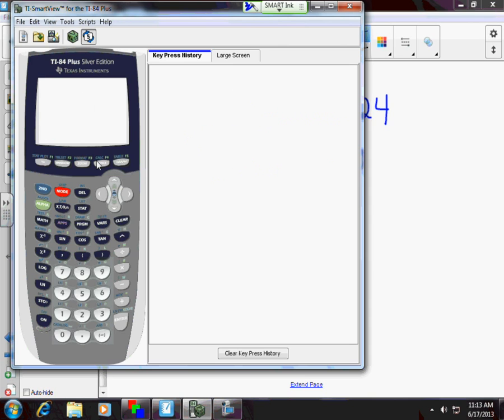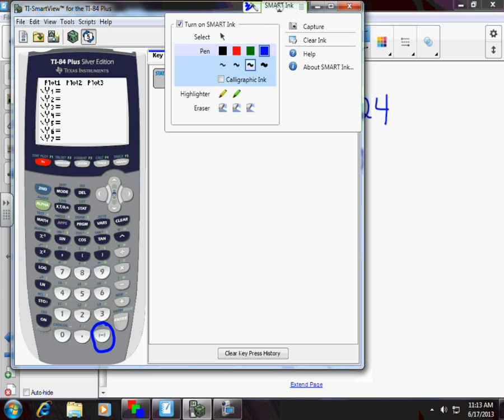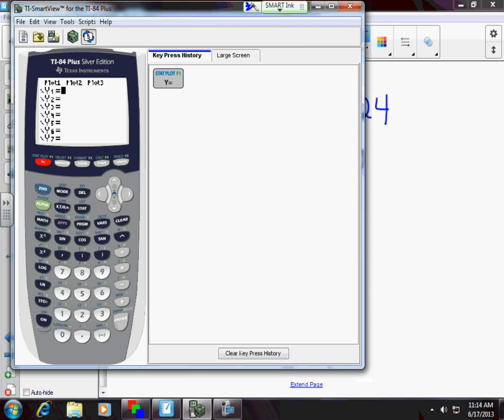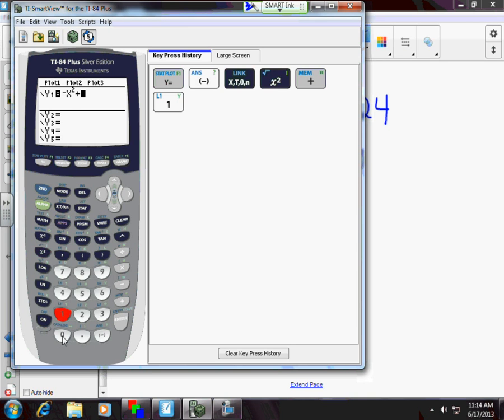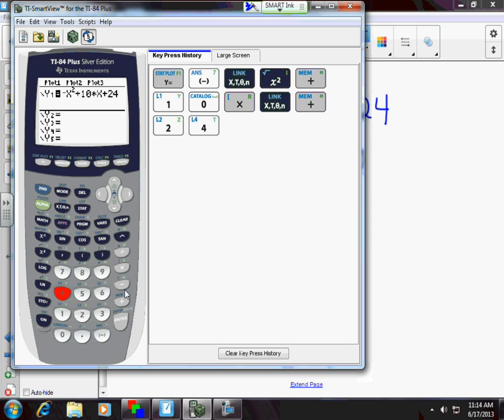Okay, so let's enter our function. So negative x squared, and again, just to remind you, the negative button is different from the subtraction button. Very common mistake. So negative x squared plus 10 times x plus 24.